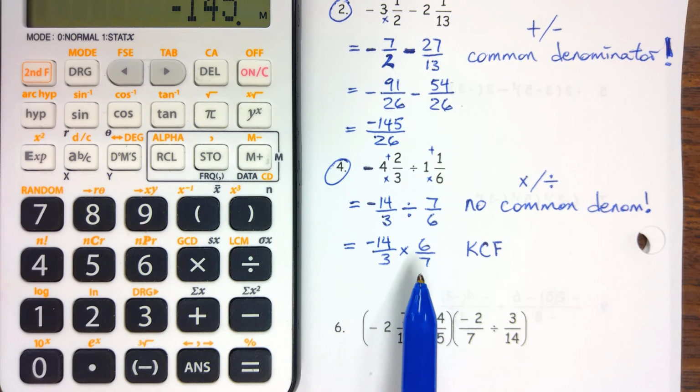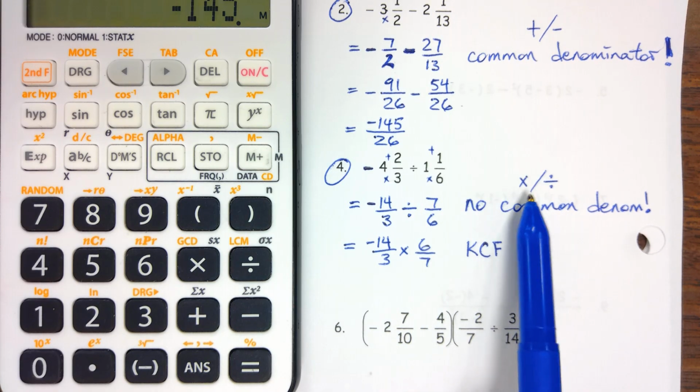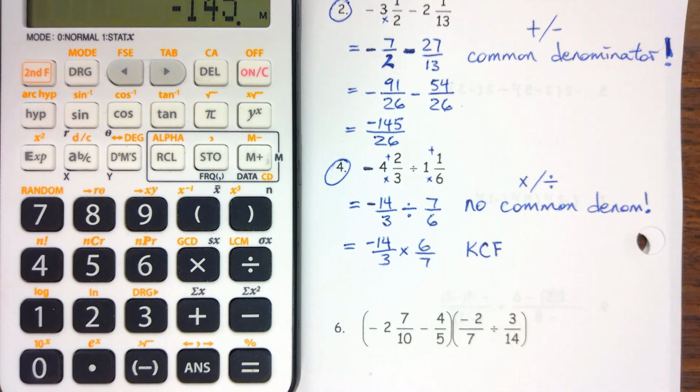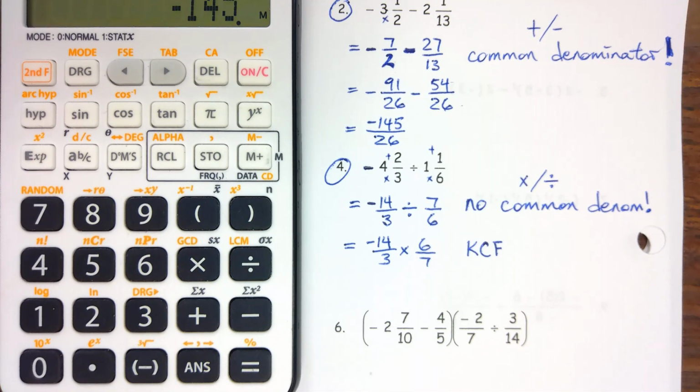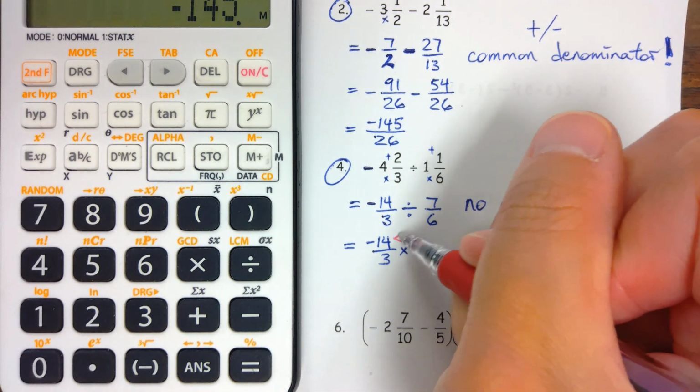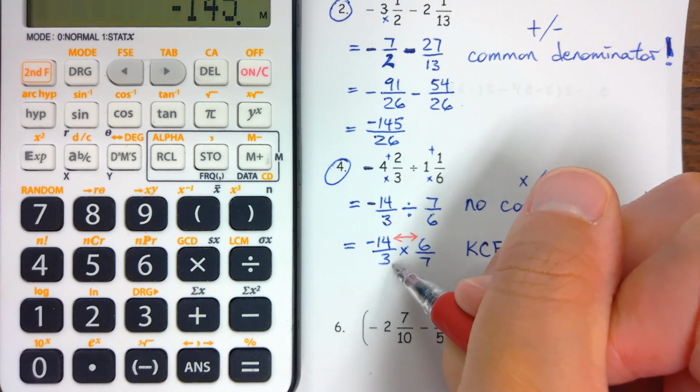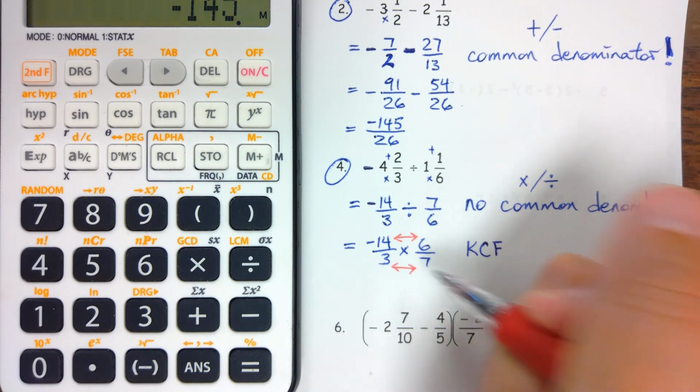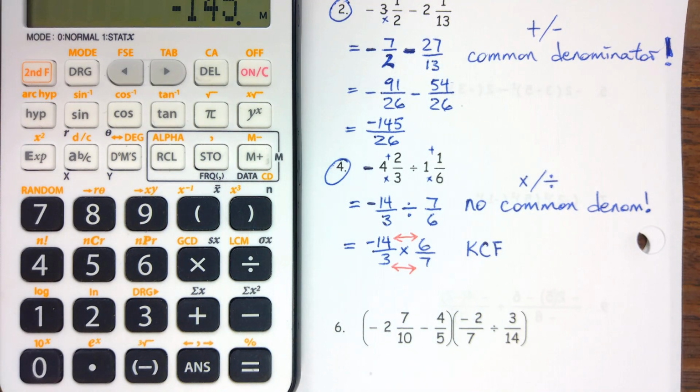So now do I need a common denominator? Still no, because I'm still multiplying and dividing. So I simply just multiply across. Multiply numerator to numerator, denominator to denominator.